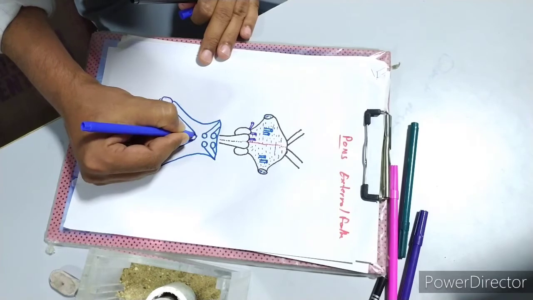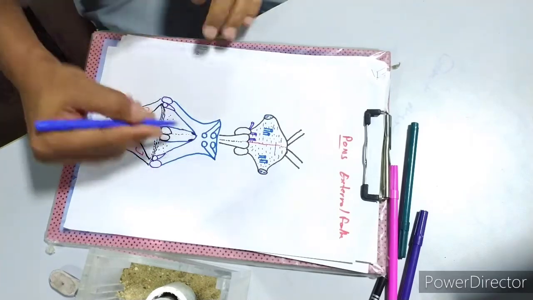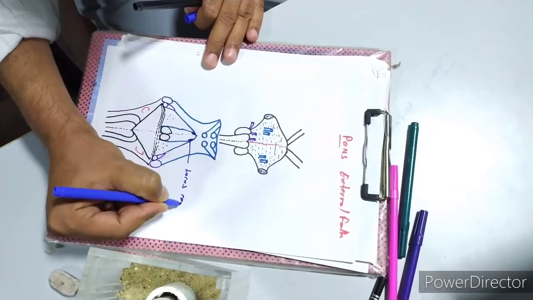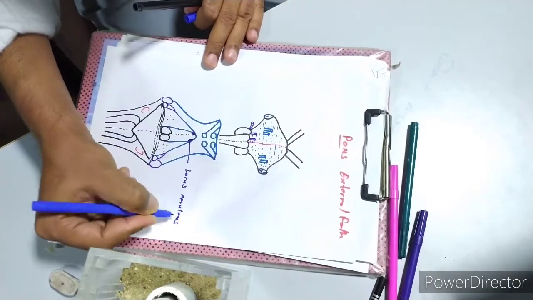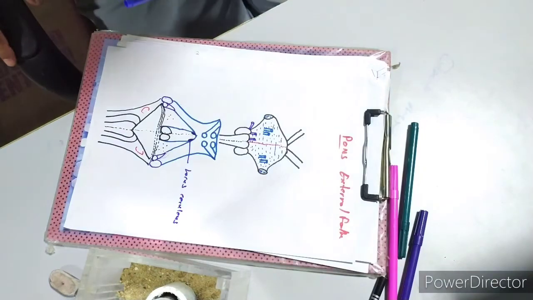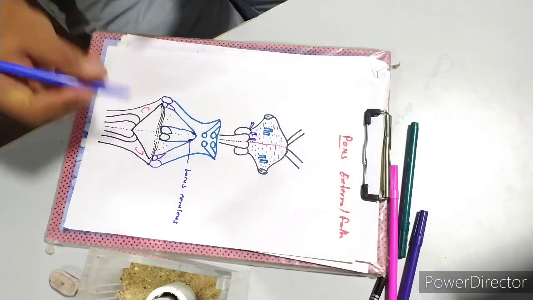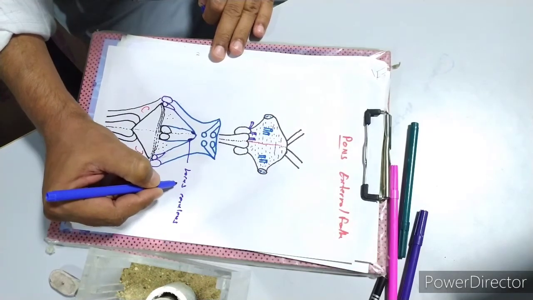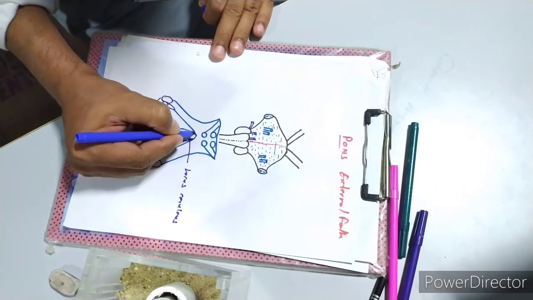This blue area is known as the locus coeruleus. It is bluish in color due to the presence of noradrenaline, a chemical here.